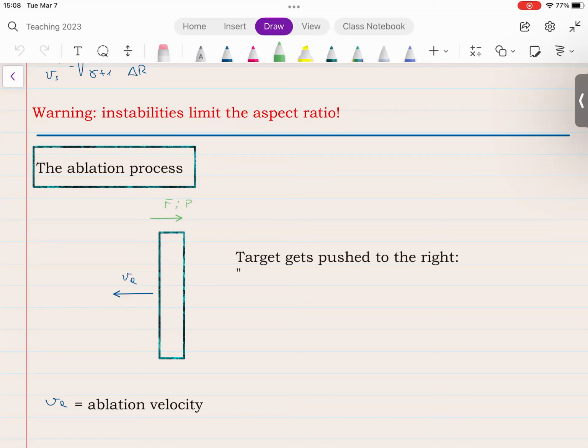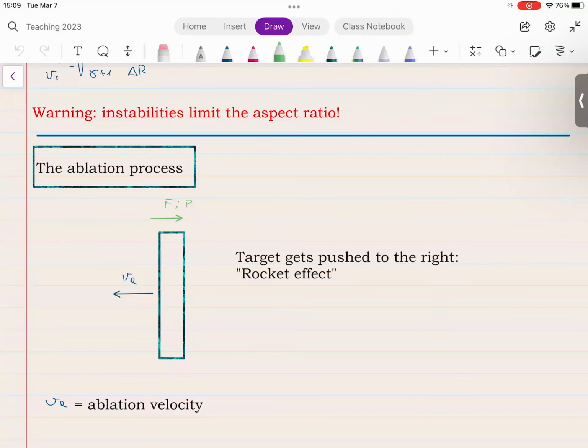This is what in ICF is very often called the rocket effect. This works exactly like a rocket. We don't always do it in intermediate mechanics.